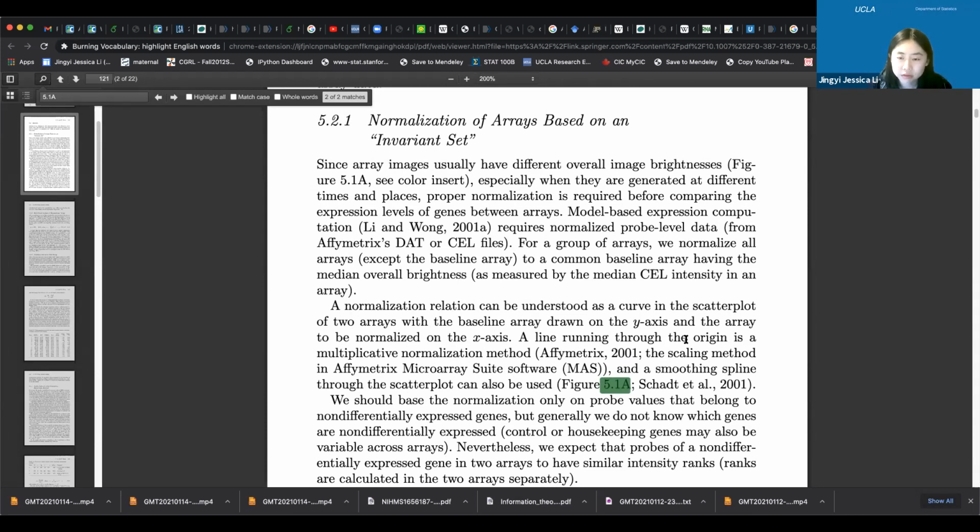A line running through the origin is the multiplicative normalization method. You can imagine that if the data are perfectly corresponding to one another, the data points should lie on the diagonal line, y equals x, between the two samples. But if not, you may want to adjust them in some way to that line. For that step, there could be multiple approaches.